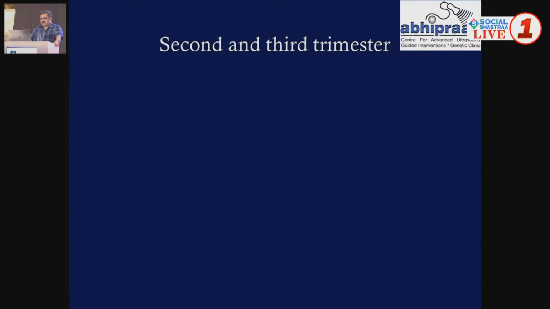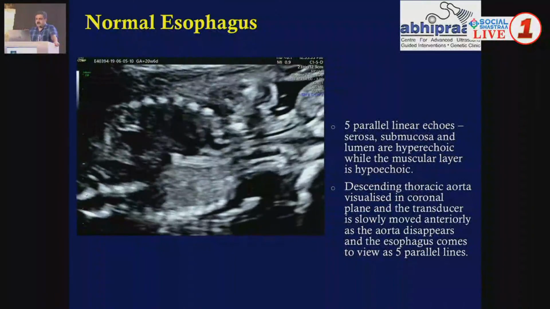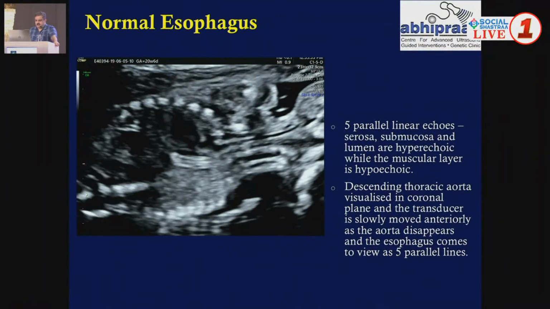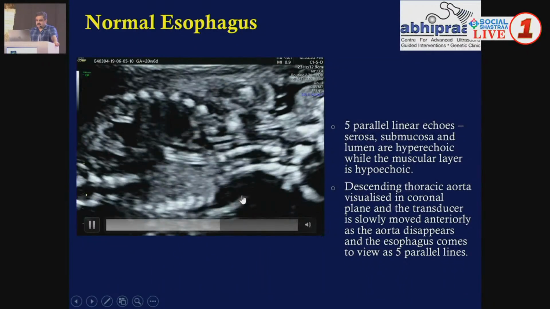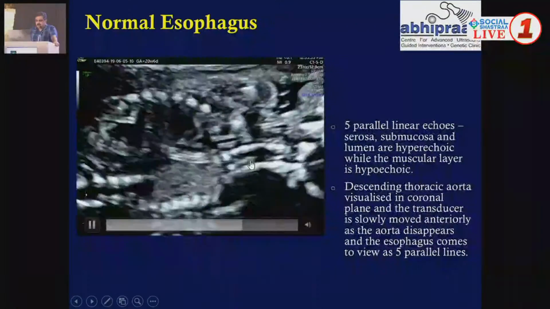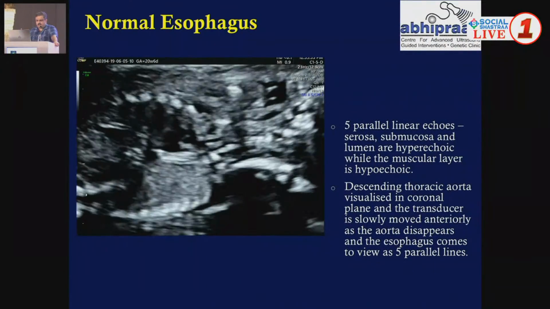In the second and the third trimester, you can see the esophagus behind the heart. You see it as 5 parallel echoes. You look at the descending aorta first in the coronal plane, and then you move the transducer slowly anteriorly.